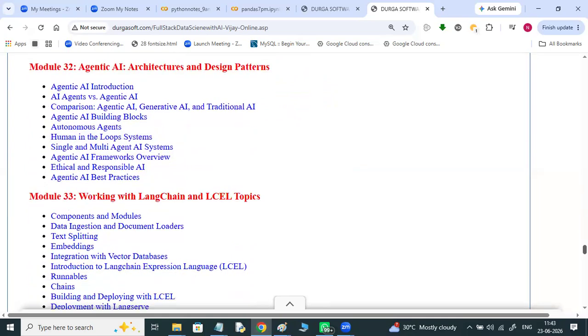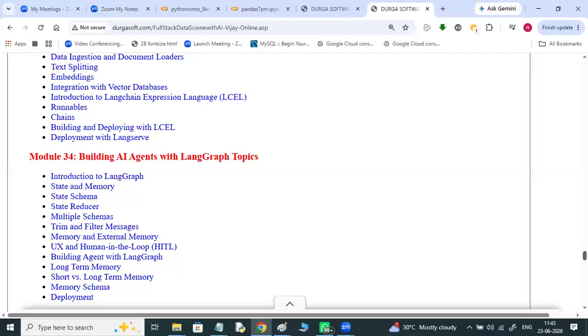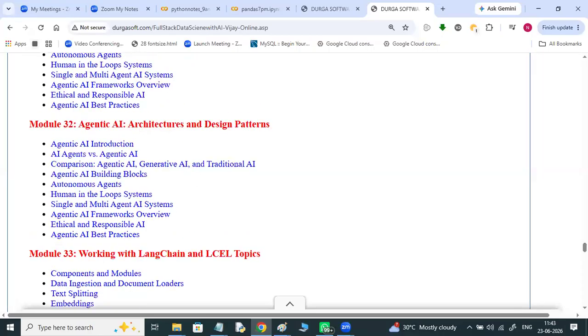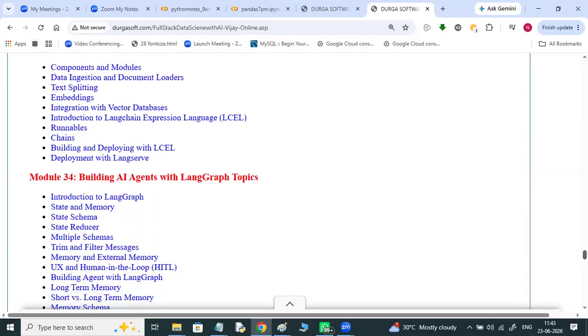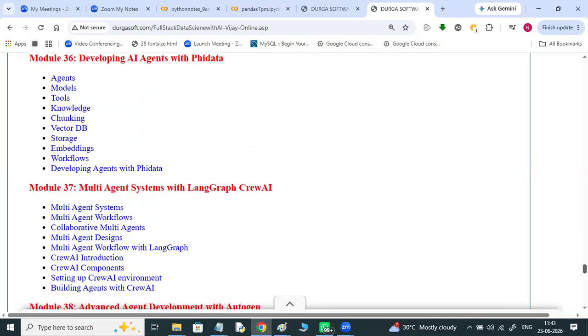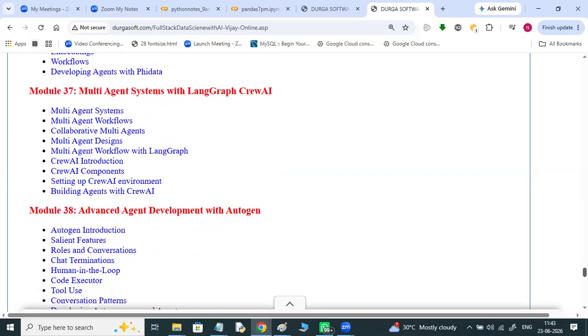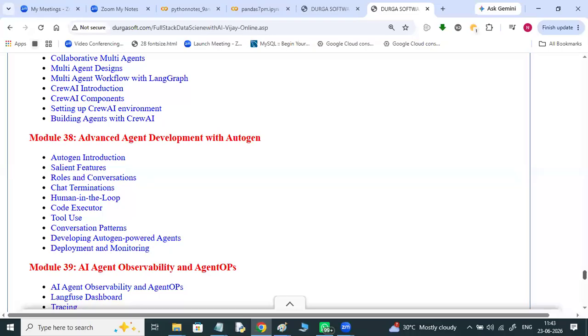Architectures and design patterns, and working with LangChain and LCEL topics, building AI agents with LangGraph, implementing agentic RAG, multi-agent systems with LangGraph, CrewAI, advanced agent development with AutoGen.